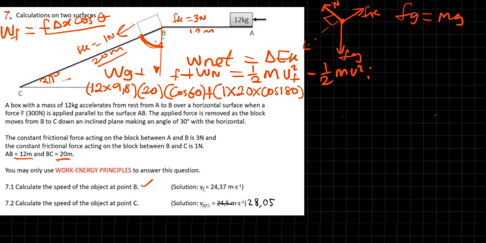And then we shall have our normal force, which is equal to 0. So now we are going to equate this to the change in kinetic energy. So we have half of 12, the mass is 12, and then the V, which we are looking for.